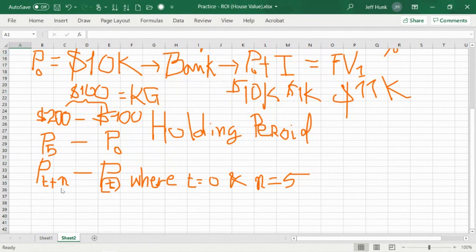Okay, so then we can apply this where T0 and n can be anything. N can be 7, right? N can be 10.